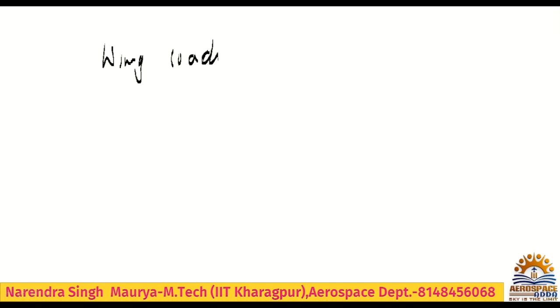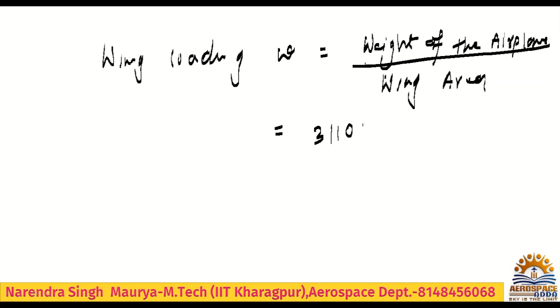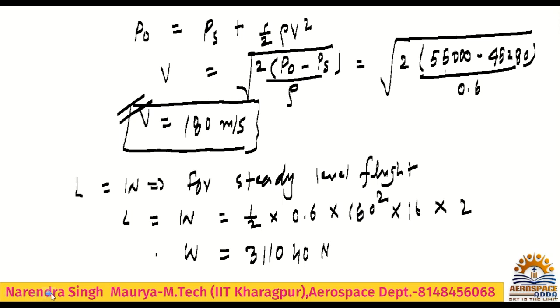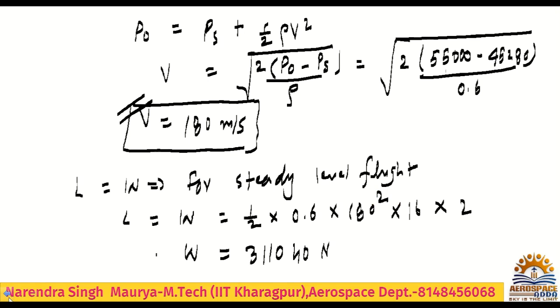Alright. So now what is wing loading? It is denoted by small w, weight of the airplane divided by wing area. So what is the weight? 311040 divided by what is the area?